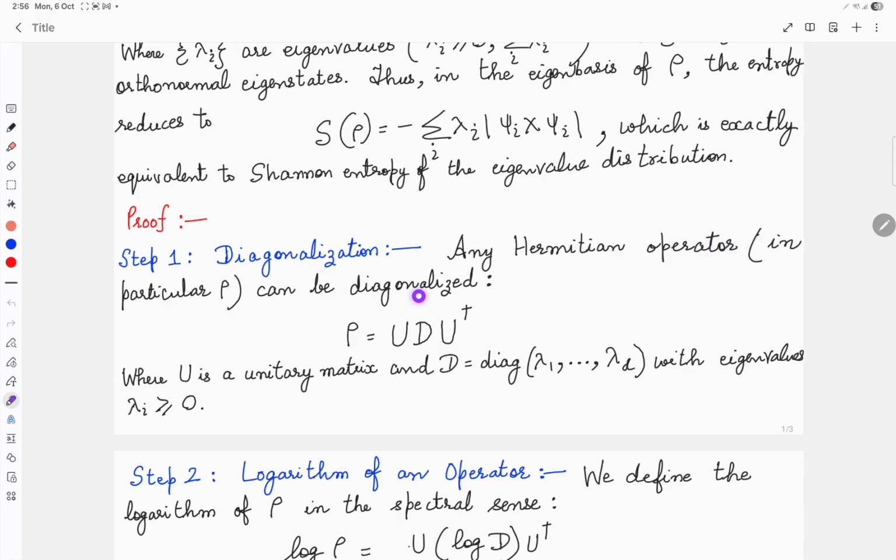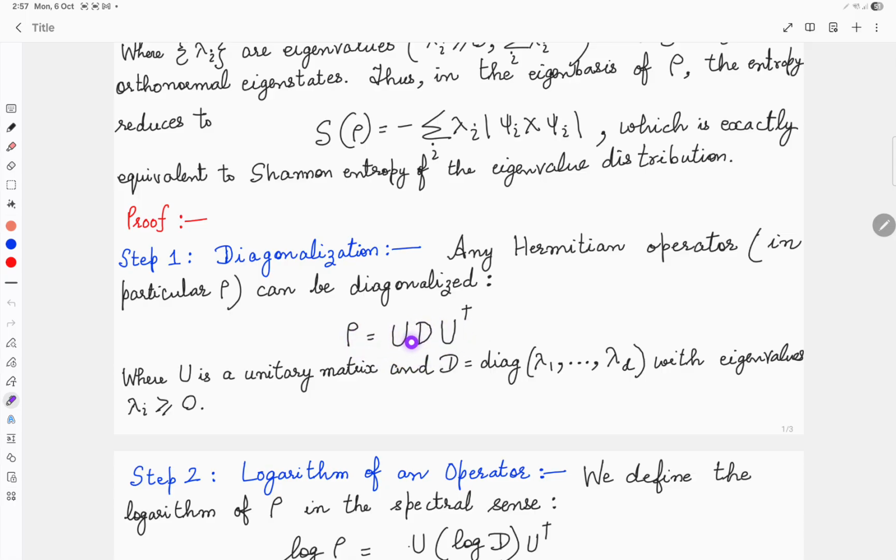So we can express the operator as ρ = U D U†, where U is a unitary matrix and D is a diagonal matrix whose diagonal elements are the eigenvalues, and U† represents the adjoint of the unitary matrix U. This is how we decompose or diagonalize the Hermitian matrix ρ, the density operator.